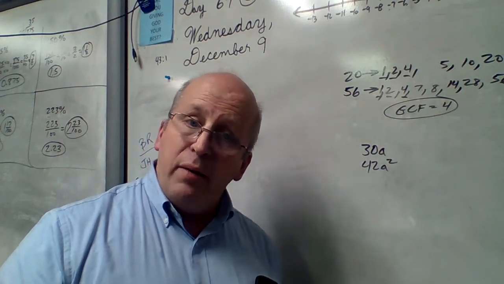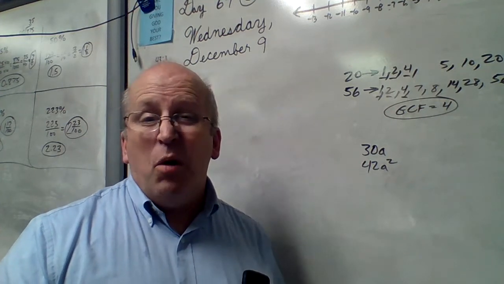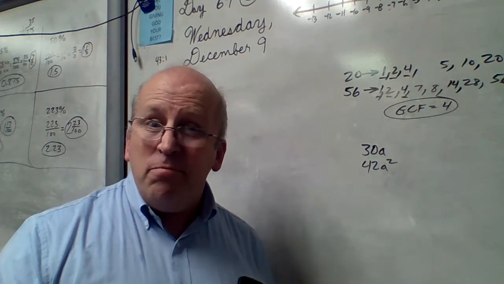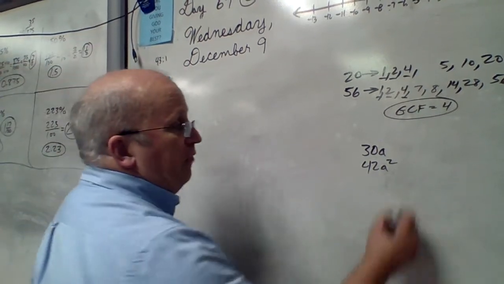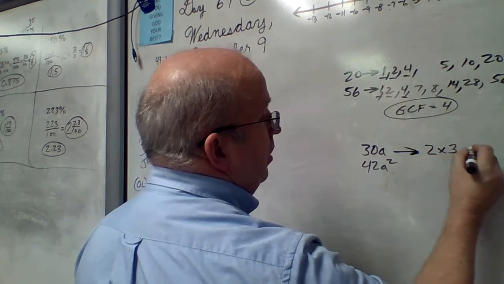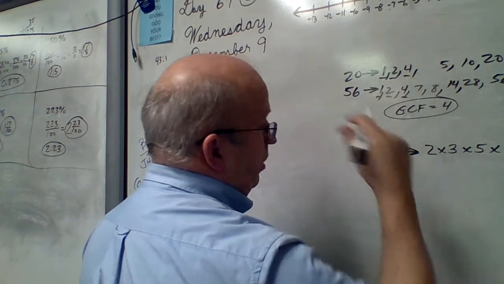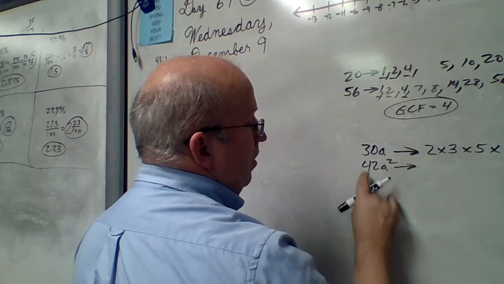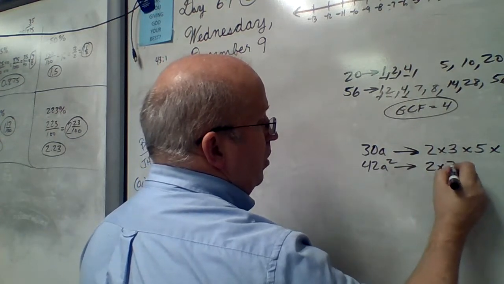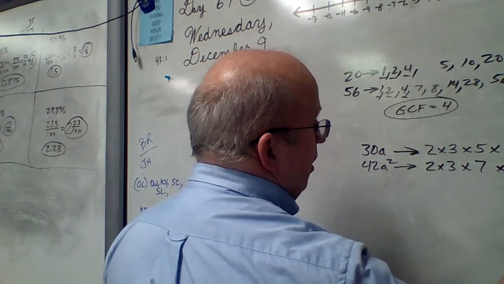You list the prime factorization of the two numbers, and then you multiply together what they have in common. I know that the prime factorization of 30a is 2 times 3 times 5 times a. I did a factor tree in my head and got that. For 42a squared, it's 2 times 3 times 7 times a times a.